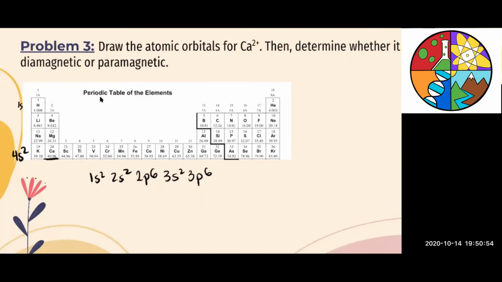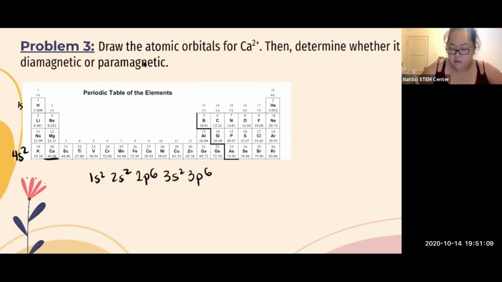Someone's asking, is it always going to be paramagnetic unless it is a noble gas or an ion that results in the same number of electrons as a noble gas? No. If you look at zinc, it is diamagnetic, and it's not a noble gas or such an ion, because zinc is completely full to the 3d10 and 4s orbital.